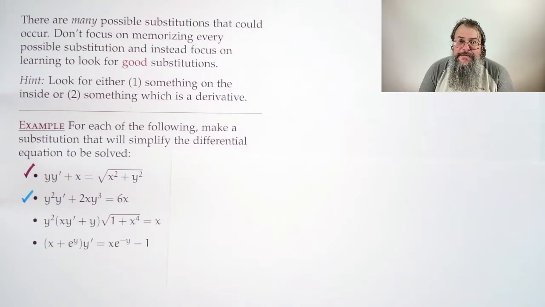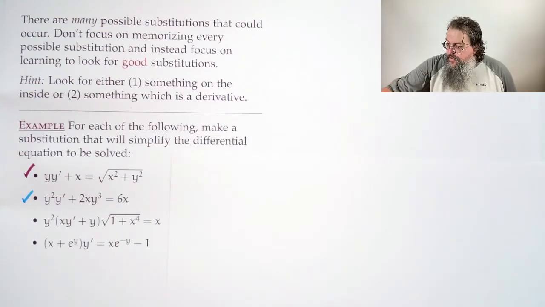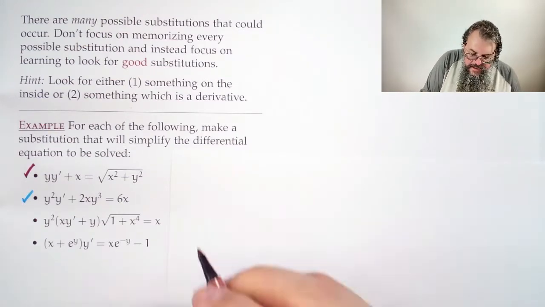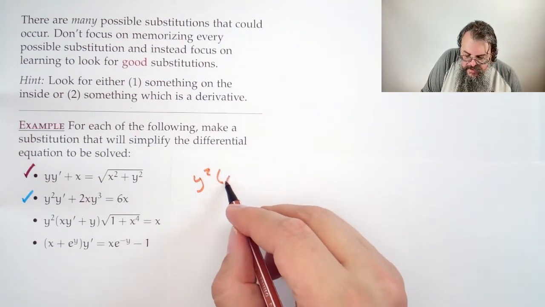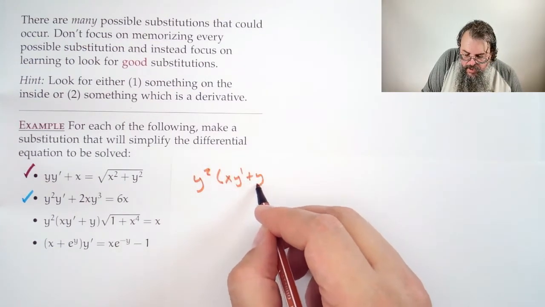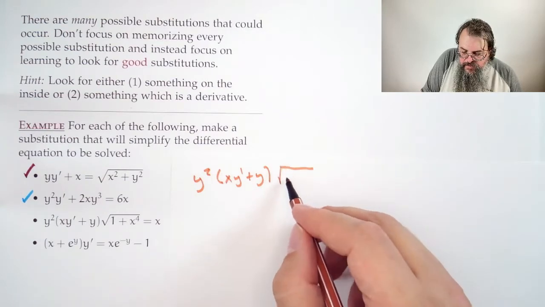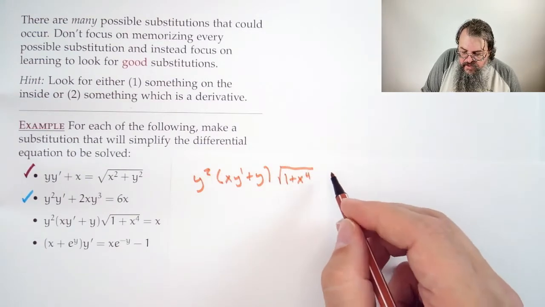But I want to try something here because my eye is drawn to something. And I don't know if maybe you and I see the same things. I hope we do. I mean, we're both looking at the same place. And so one of the things I'm looking at is, when I think about this here, I see a y squared xy prime plus y. Here's a square root of 1 plus x to the fourth equals x.